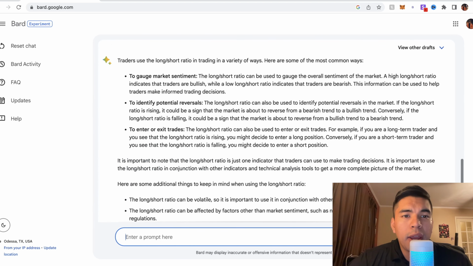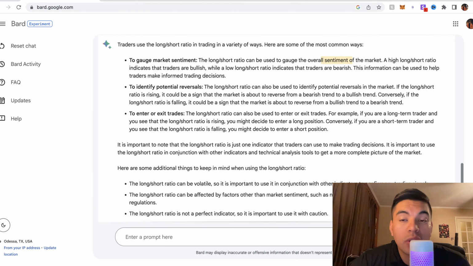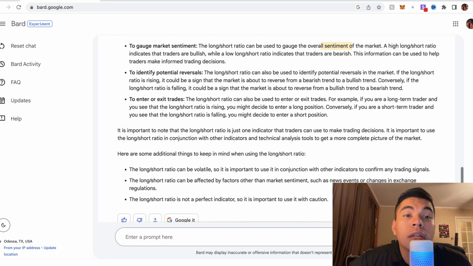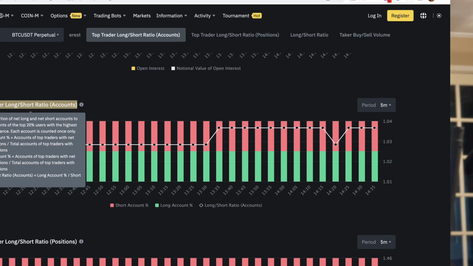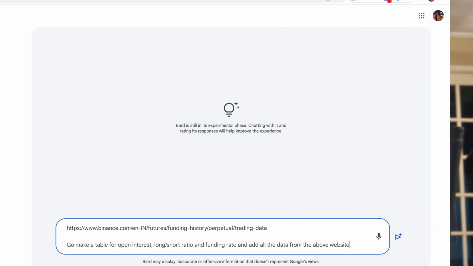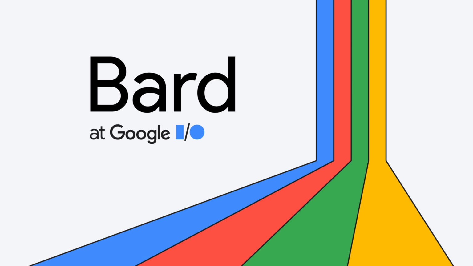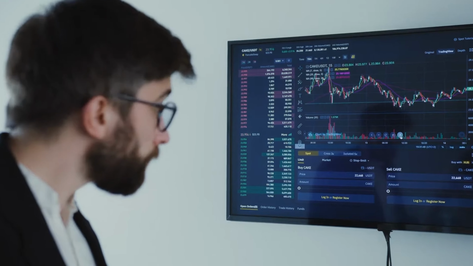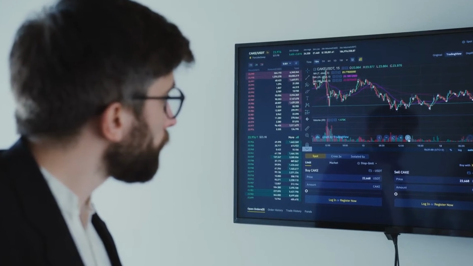Basically it's saying the long to short ratio can be used to gauge the overall sentiment of the market, potential reversals to identify if we're peaking or not, and when to enter or exit trades, of course. By combining open interest data, long short ratio analysis, and AI tools like Google BARD, you can spot potential altcoin pumps and make informed trading decisions.